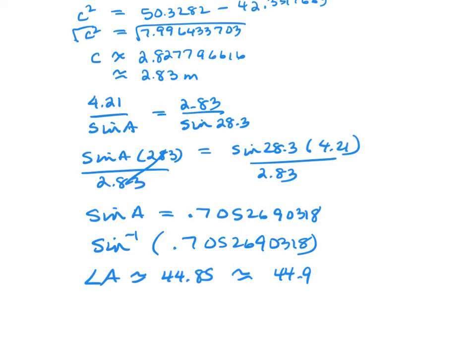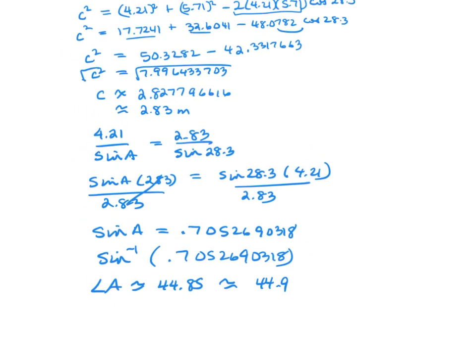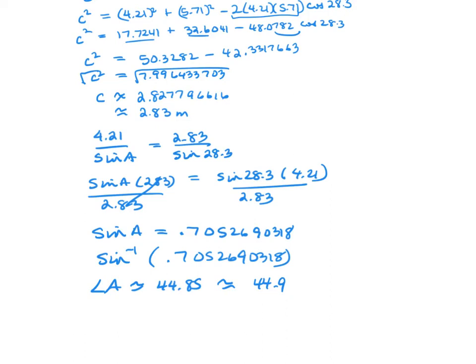Now to find the third angle, I can just add the two that I already have. I have 28.3 and 44.9. I'm going to add those, get 73.2. Subtract that from 180.